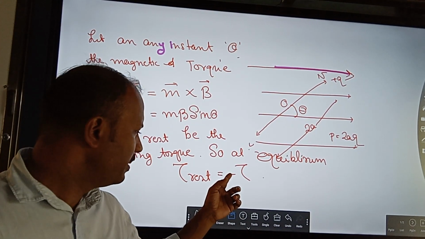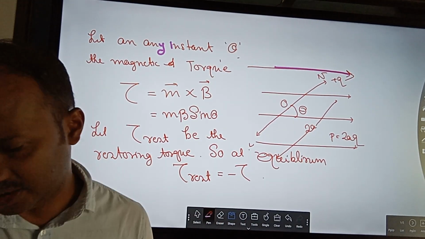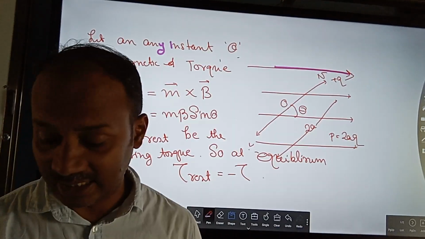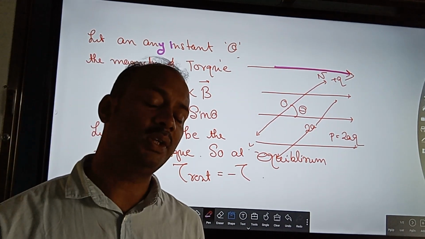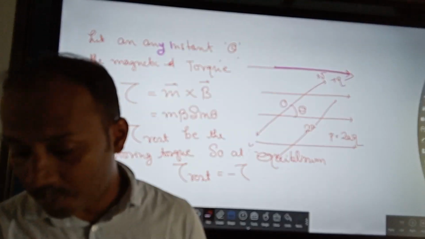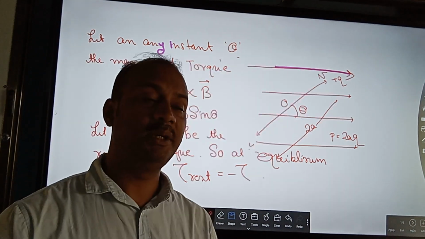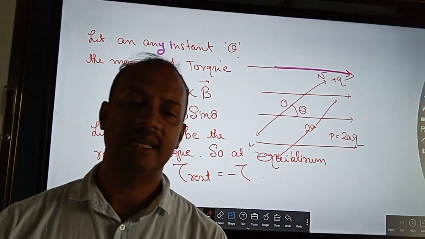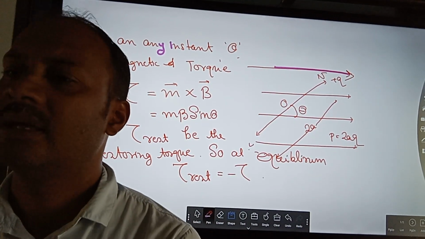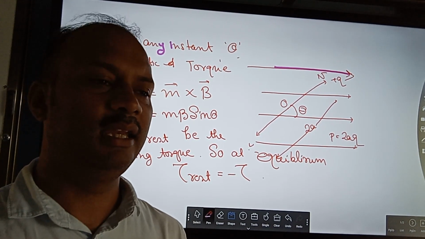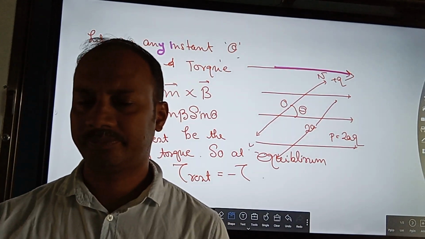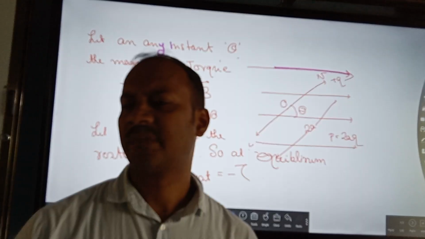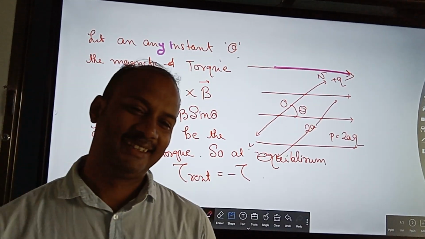So what does the minus sign denote? The negative sign indicates that the restoring torque opposes the deflecting torque.